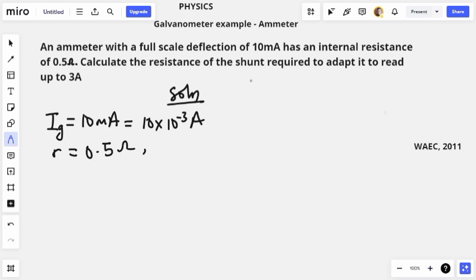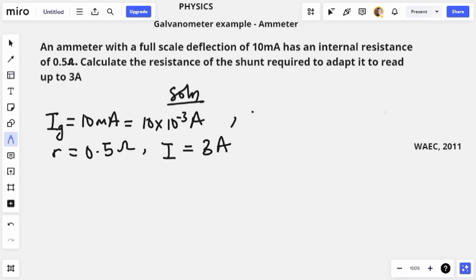Then the ammeter reading, which is I, is the highest value of current we want it to read up to, which is 3 amps. So we have to find what?